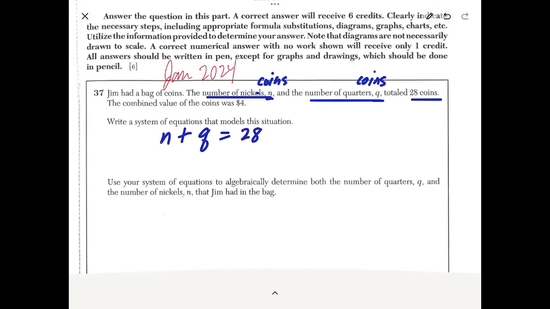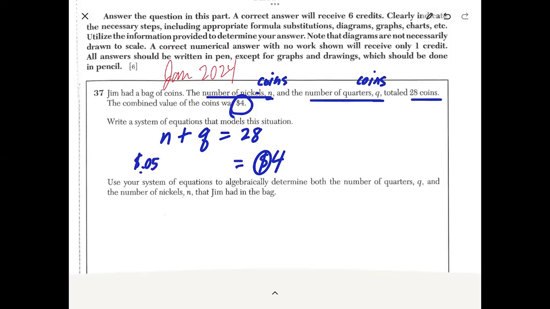Now my second equation has to include dollars because I know that the total is going to be $4. Somehow I have to have an N and a Q in there, because I need two equations, but I have to bring in my dollar amount. How much is a nickel? A nickel is 5 cents, or 1/20th of a dollar.